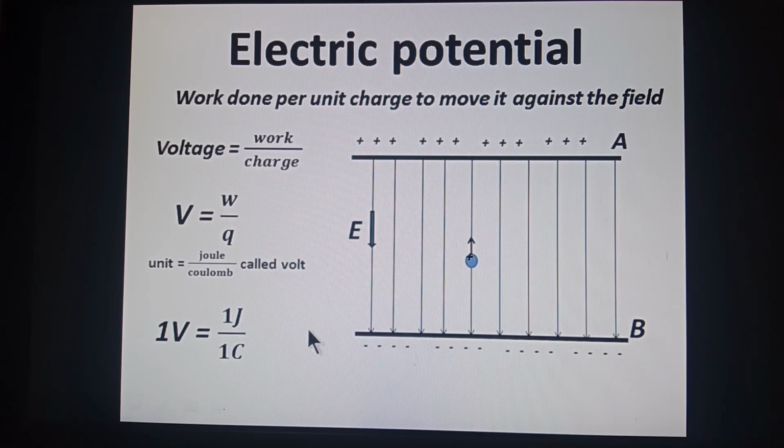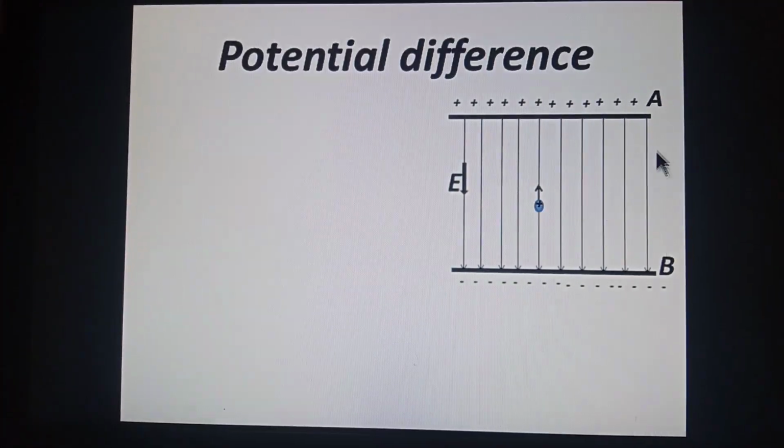Students, now what is potential difference? Let us again consider the same two horizontal charged parallel plates. One is positively charged, the other is negatively charged. What is the potential difference between these two plates or between points A and B?